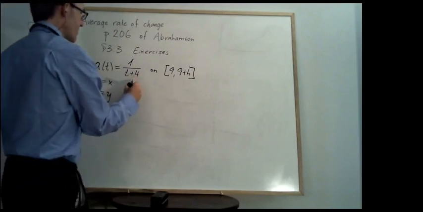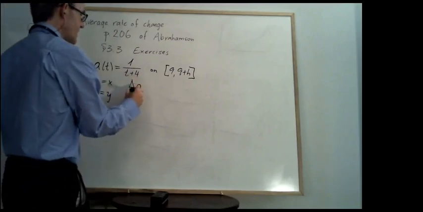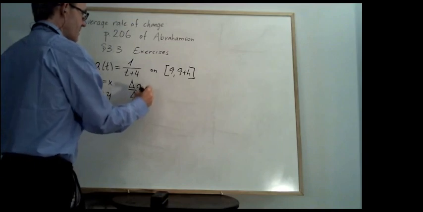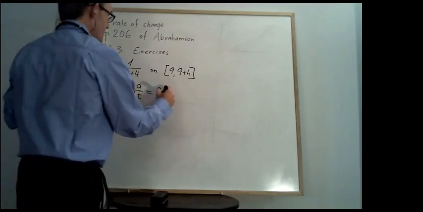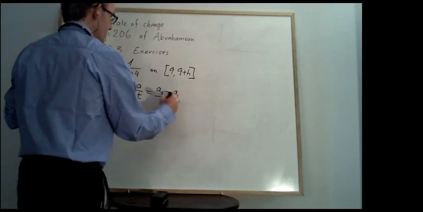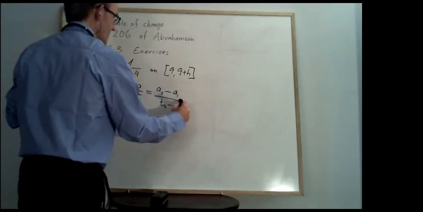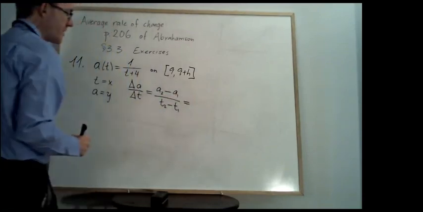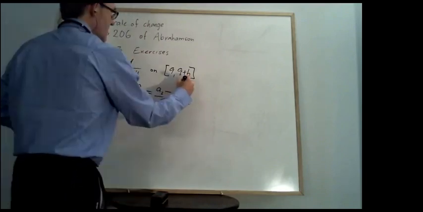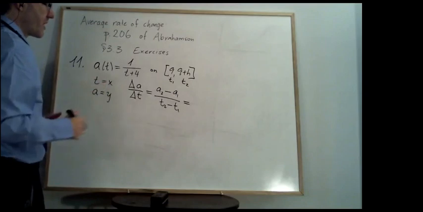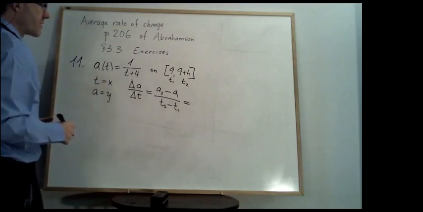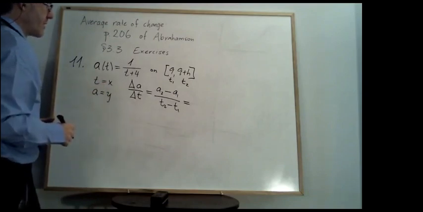Again I write change in a over change in t, and what that means is a2 minus a1 over t2 minus t1. In our case, t2 is this, t1 is this. We're just thinking of t as the x coordinate now.